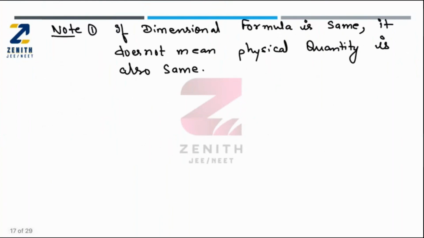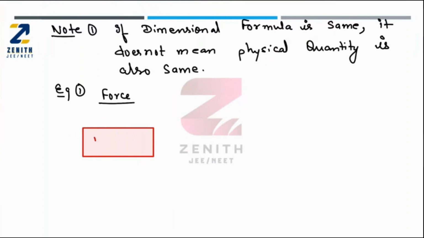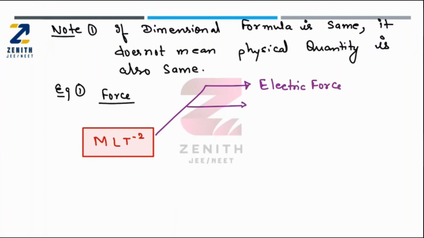So if I want to give you one more example, let us suppose for force. For force, आपको डायमेंशनल फॉर्मूला पता है, इसका डायमेंशनल फॉर्मूला होता है M L T minus 2. So if they have mentioned for the electric force, dimension will be same. Similarly, if they will mention for a nuclear force, the dimension will be same. If they will mention for a normal force, dimension is same.